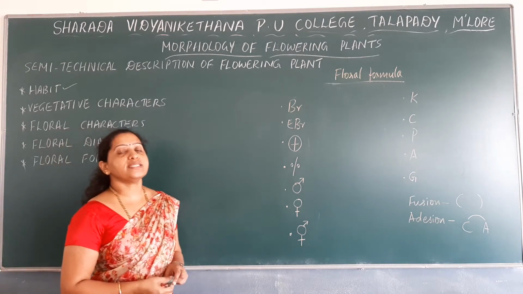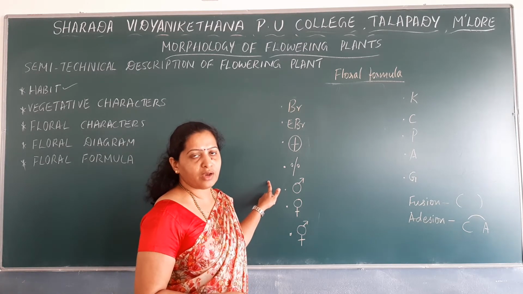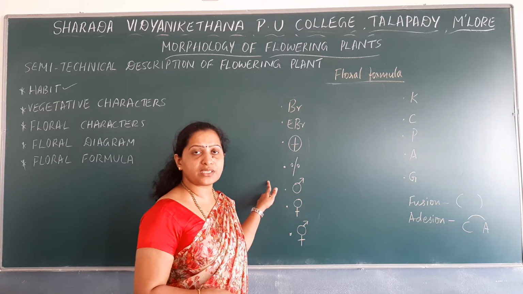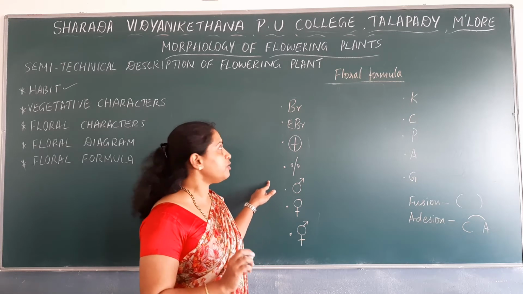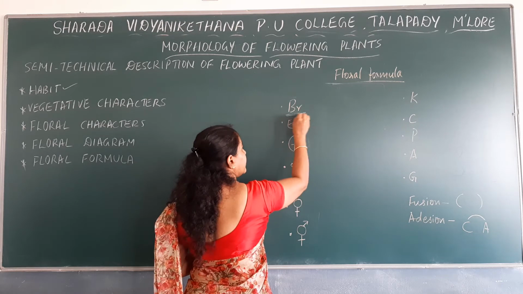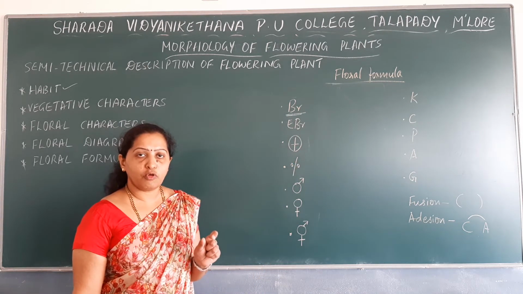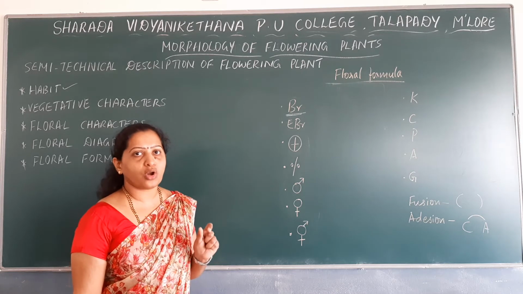Now let us see what are the symbols that we use for representing a floral formula. Various symbols are used. Some of the symbols are BR, that is bracteate. BR refers to bracts, whether the floral axis has bracts or not.